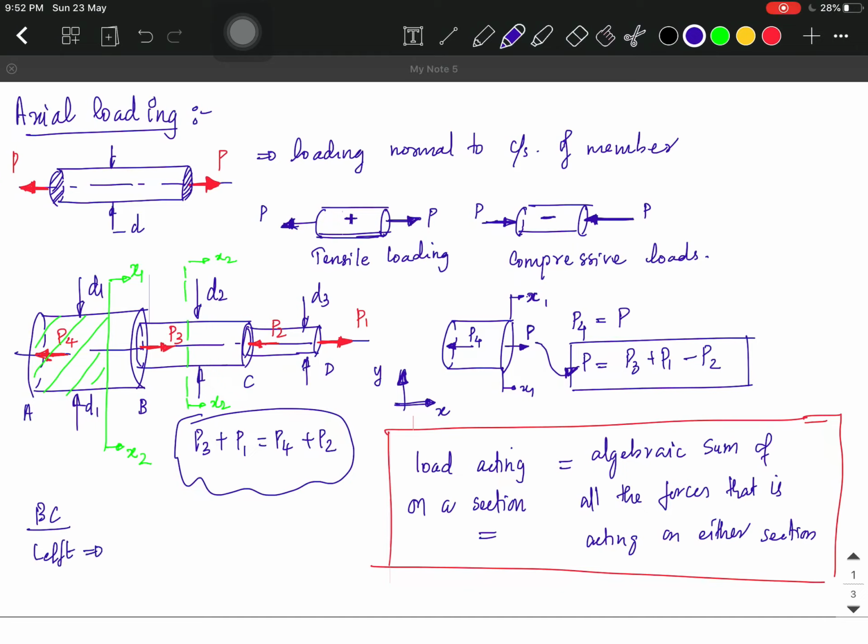Considering the left section, the load acting is equal to P3 minus P4, and this is also equal to the load acting on the other side of this section, which is P1 minus P2, at the right of the section.